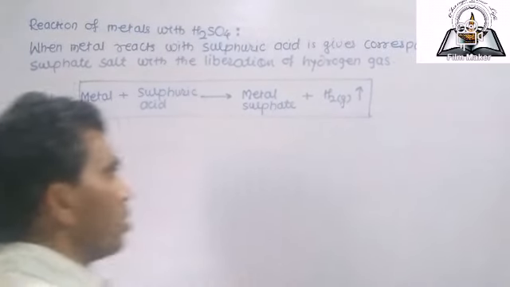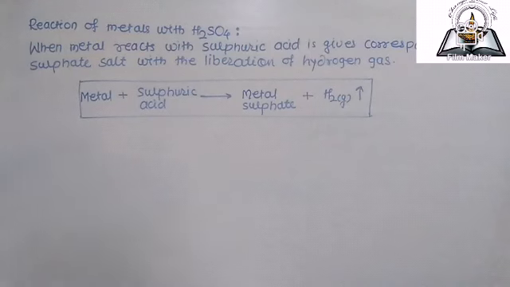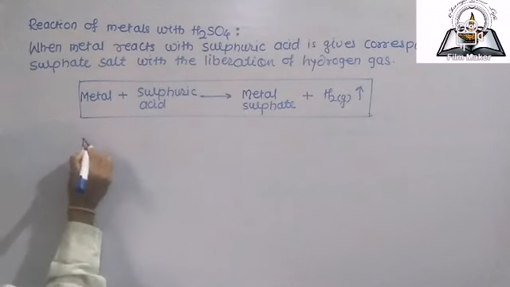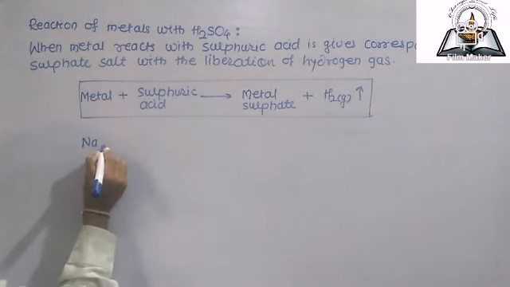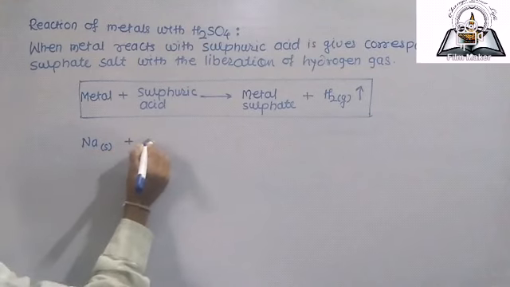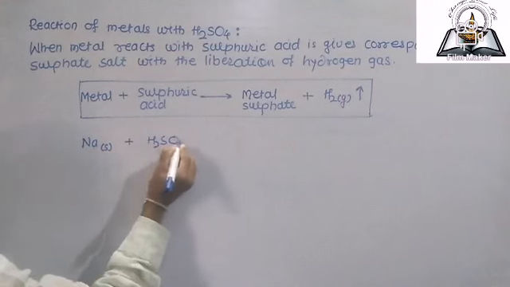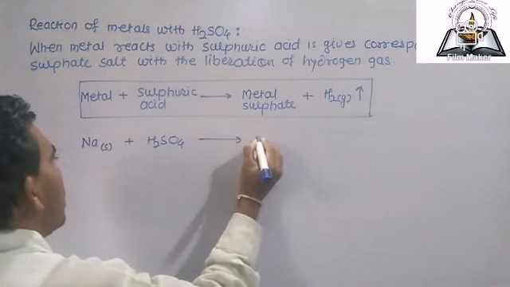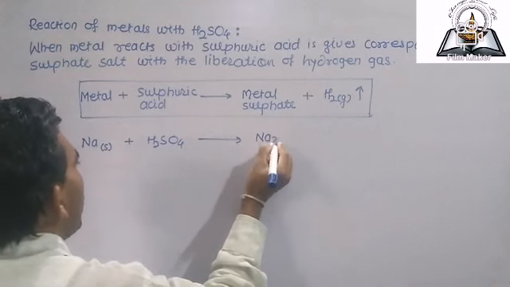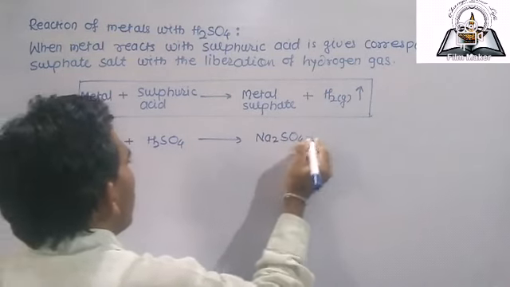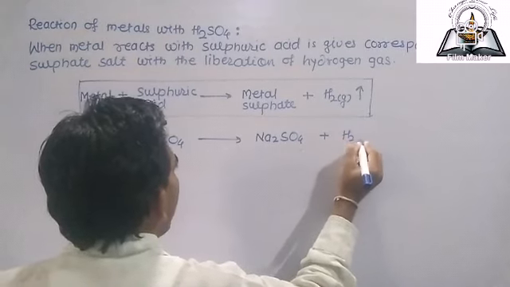Okay, so coming to the point, when metal reacts with the sulfuric acid, it gives the corresponding salt with the liberation of hydrogen gas. Let us take an example. For example, sodium metal, a solid, reacts with the sulfuric acid, so it gets converted to metal sulfate, that is sodium sulfate, with the liberation of hydrogen gas.